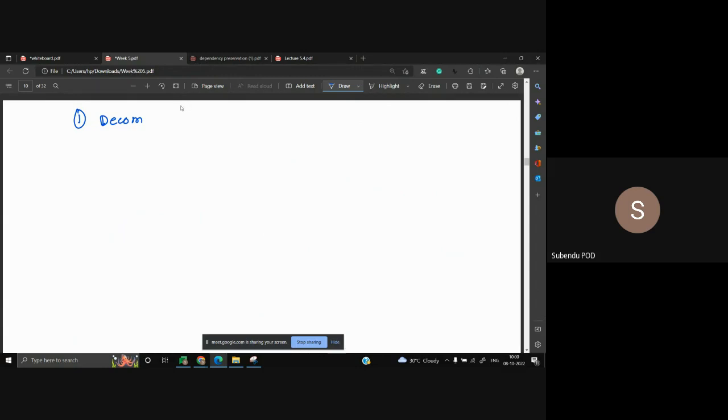Due to redundancy, we do decomposition into several tables. So this decomposition is lossy or lossless. So what do we mean by lossless?